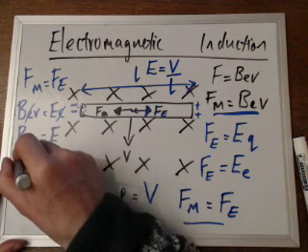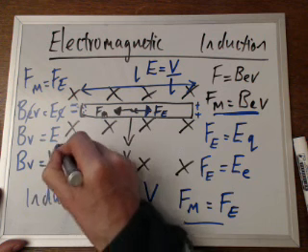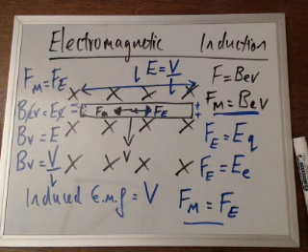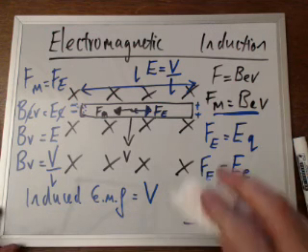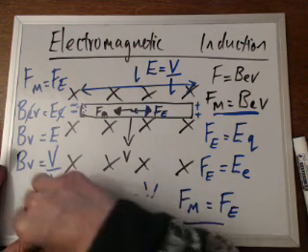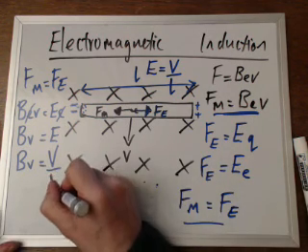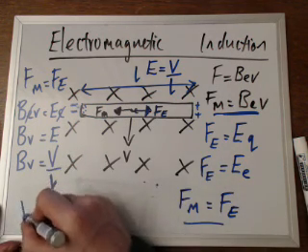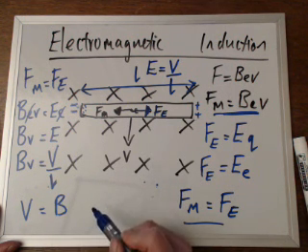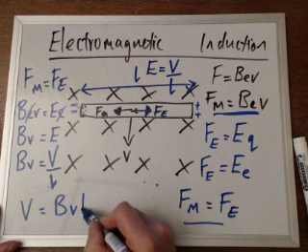So therefore, we can have B times v is equal to the voltage induced divided by the length. And therefore, finally, we will get the equation that the voltage induced is equal to the magnetic field strength B multiplied by the velocity v multiplied by the length of the conductor L.